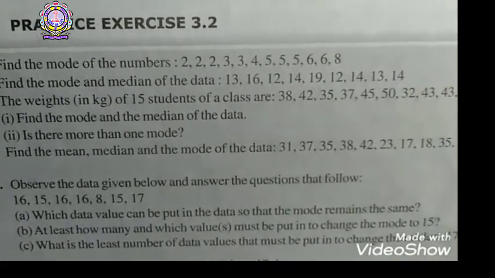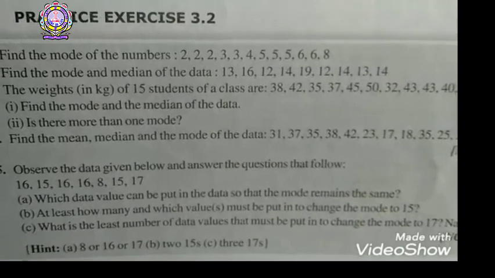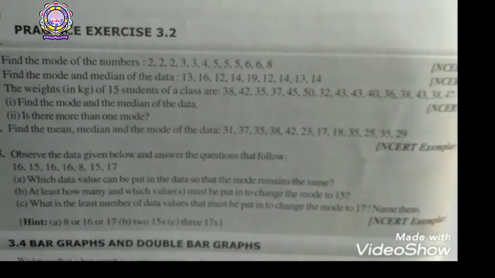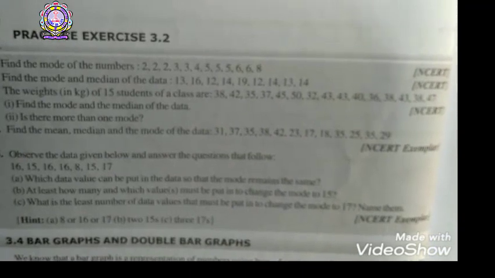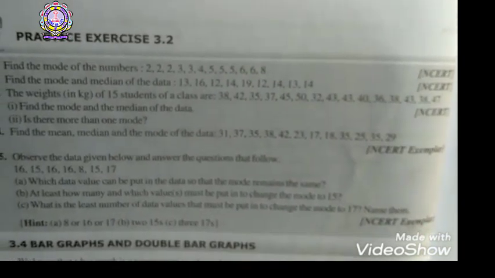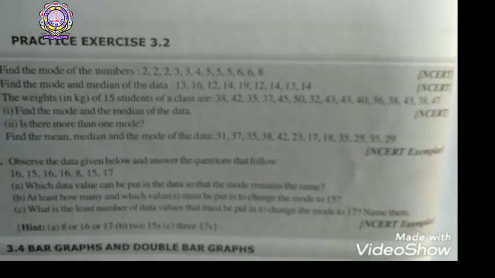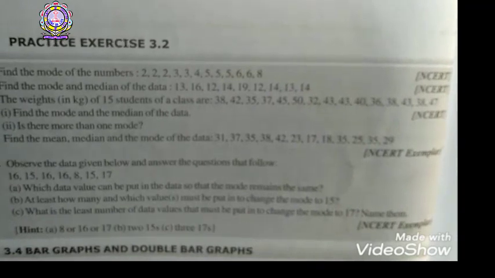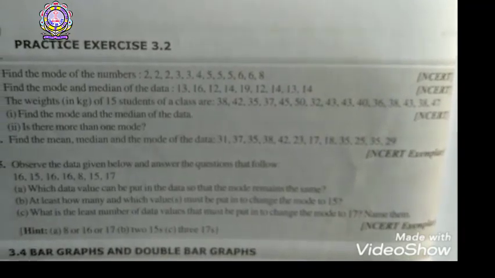And the remaining you can solve. So please pause the video, copy the questions and solve the exercise, or download the book up to marks 7 from our website portal and then solve the questions.